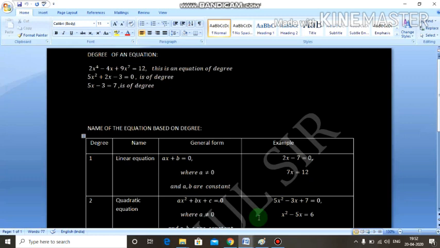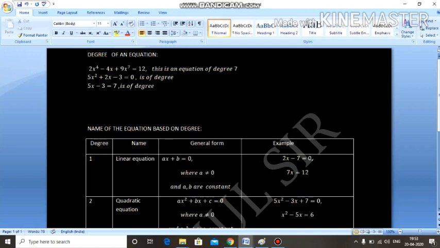See the first equation, 2x to the power 4 minus 4x plus 9x to the power 7 equals 12. Clearly this is an equation, the variable is x, and the highest power of x is 7. So this is an equation of degree 7.